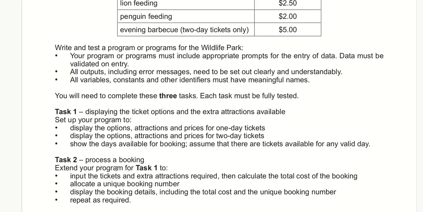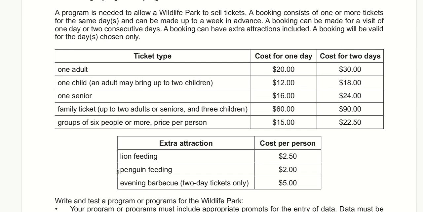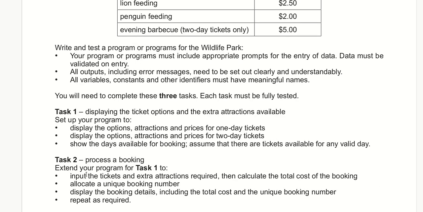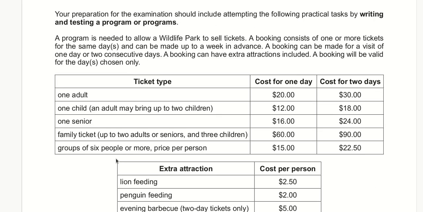So all it's saying is that if the user is purchasing some combination of tickets, which we did in task 2 when we were implementing this process of booking, the user opted to buy some tickets, and it could be in any combination. It could be multiple adults with child, multiple seniors with children, or any other combination that we can think of.